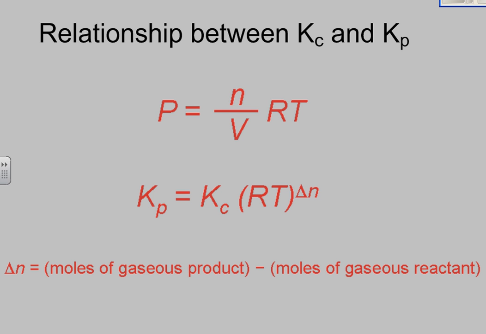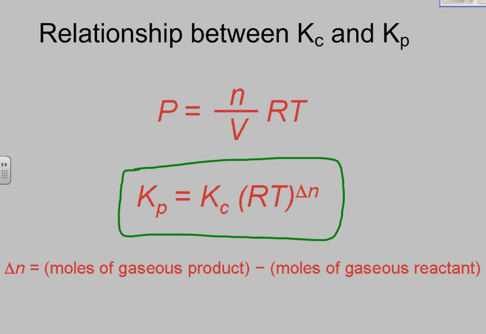Relating Kc and Kp together isn't horribly challenging. If we take that same expression and rearrange the variables here, we end up with this expression here relating the Kp to the Kc. Now, this is going to be useful for us if we are able to measure the equilibrium constant in terms of pressure or in terms of concentration, but want to solve for the other one.